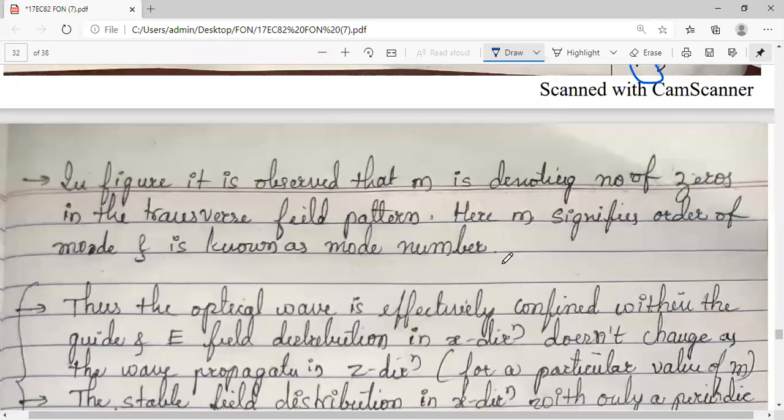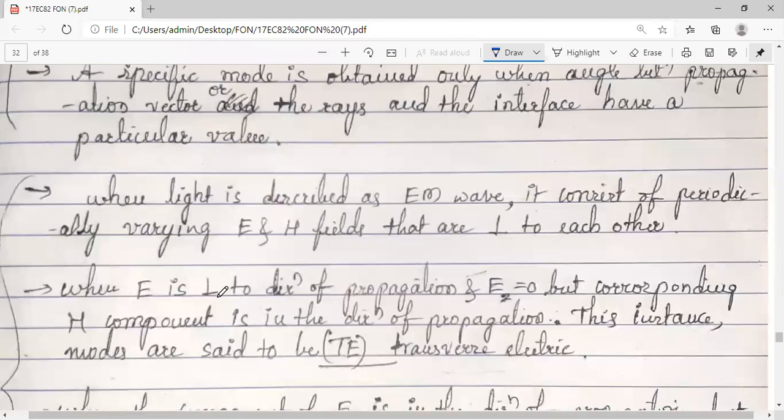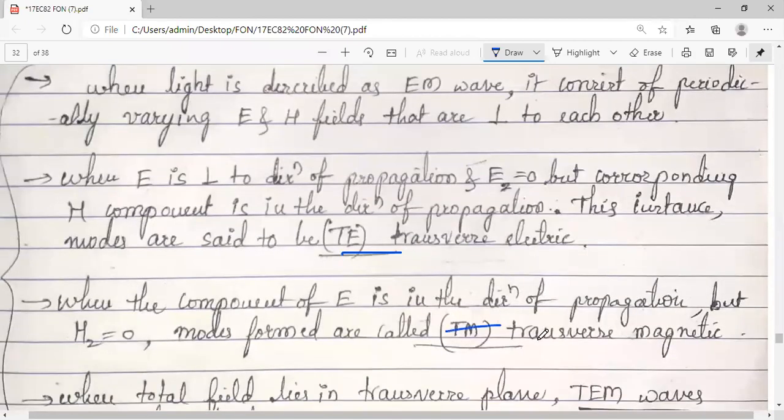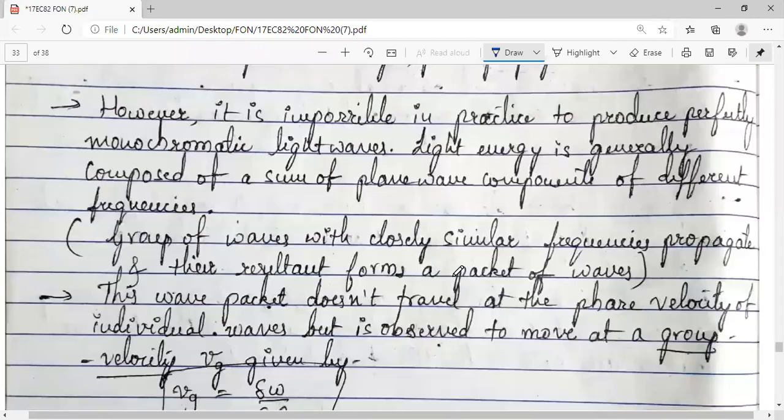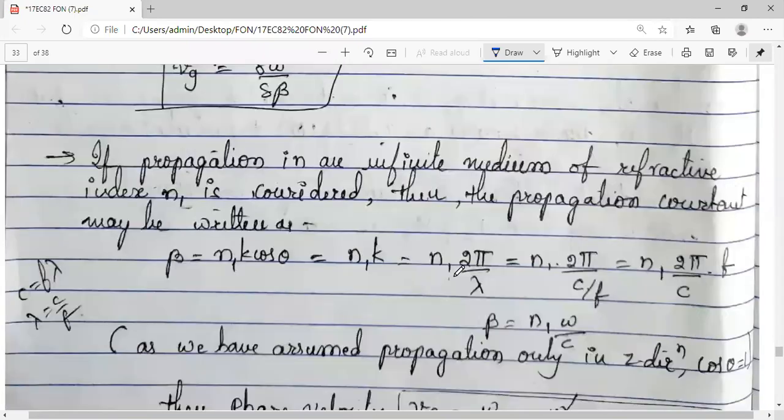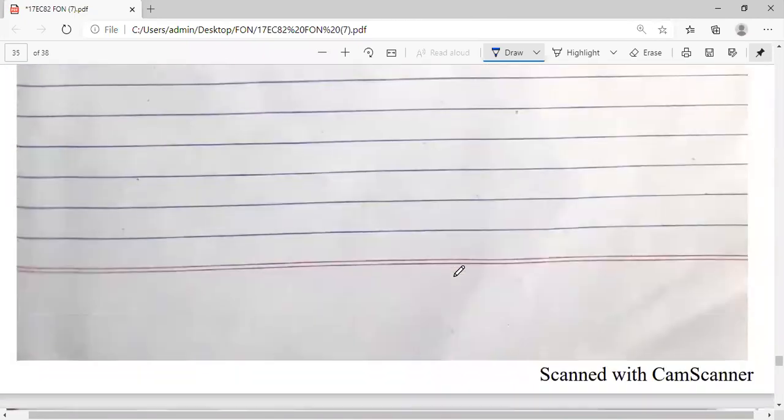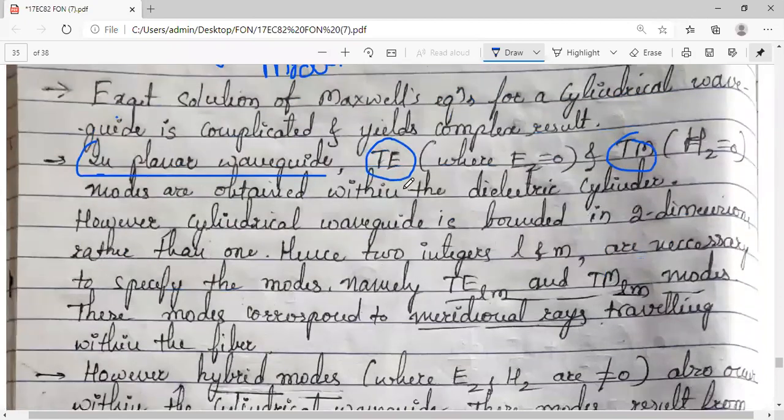In the planar waveguide, we will come across all three: TE, TM and TEM. In TE, Ez, the field along the z axis, is 0, and in TM, the magnetic field along the z axis is 0. These modes are obtained within the waveguide.